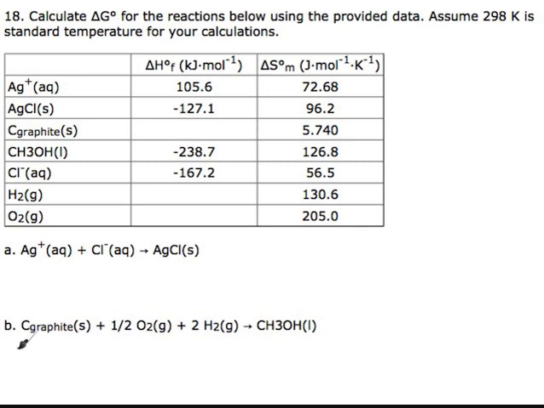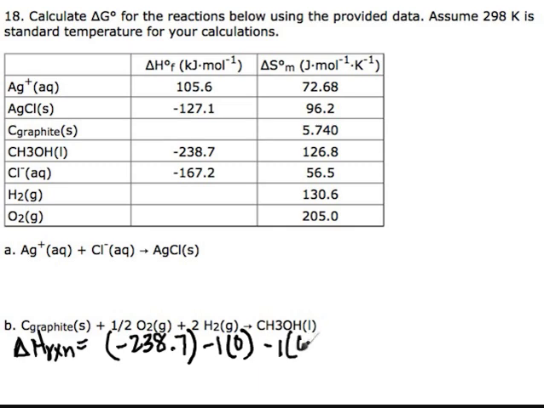Okay, so again we're going to calculate the delta H reaction. So here we have CH3OH, so we have minus 238.7, and then we have minus 1 times 0. Graphite is 0 because this is the standard state of carbon. Then we have the standard state of oxygen is 0.